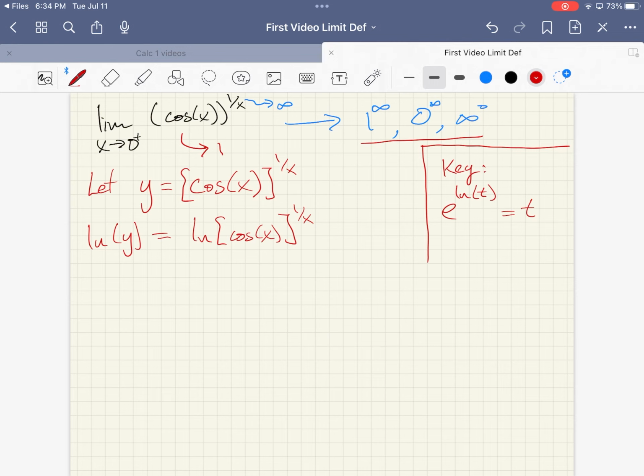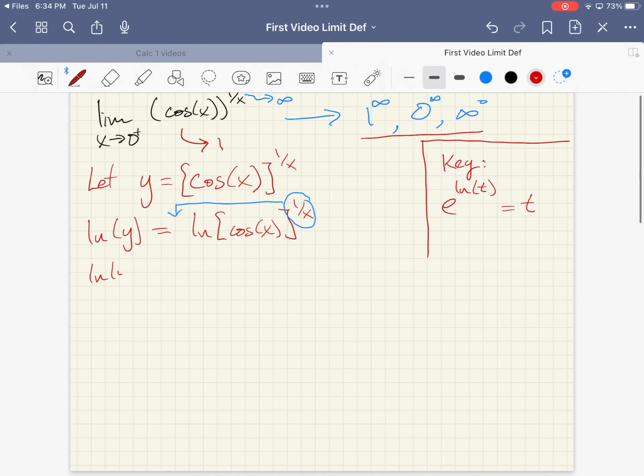And this is one of the key reasons why we do this, because remember, one of the properties of logs is that if you have this exponent here, you can bring it down in front and multiply it. So what we wind up with is that the natural log of y is equal to 1 over x times the natural log of cosine of x.